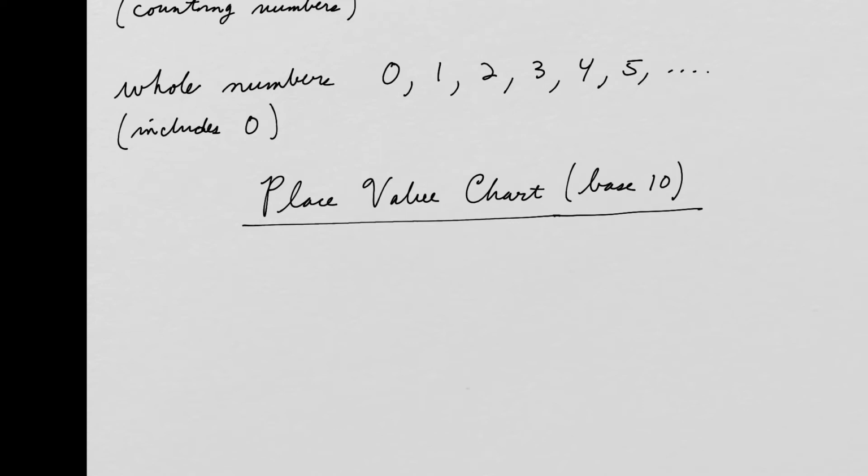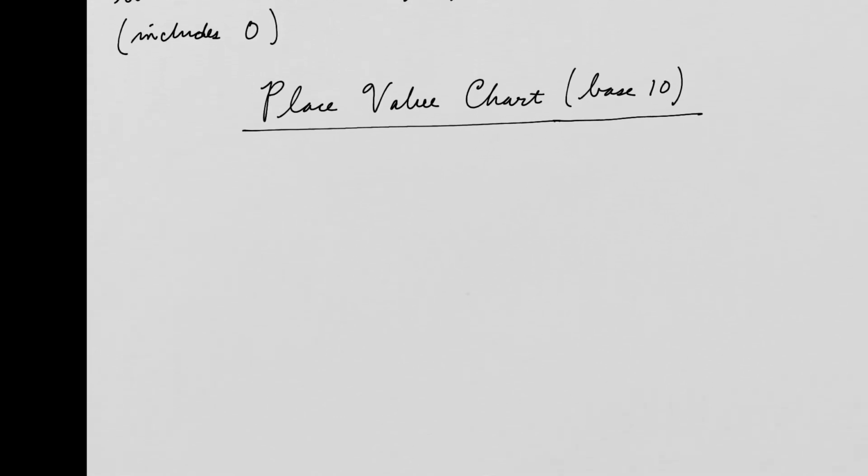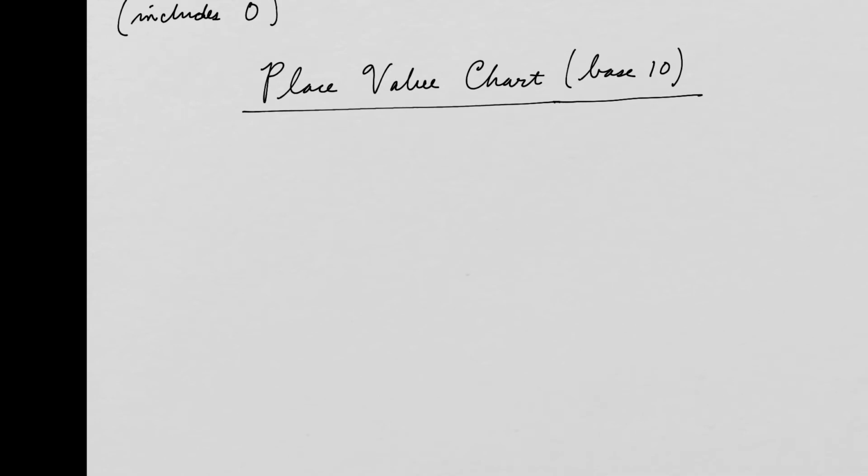So I'm going to write out a very large number, and we'll break it up into pieces. So here's the number. One thing I can do is split this into groups of 3.